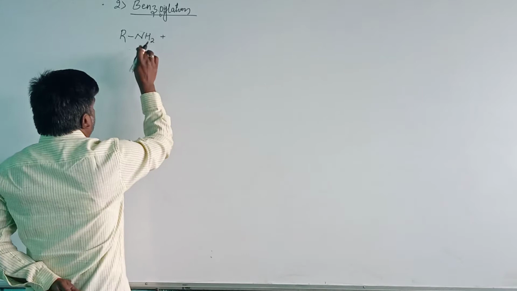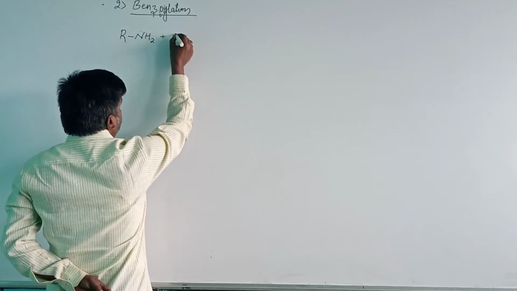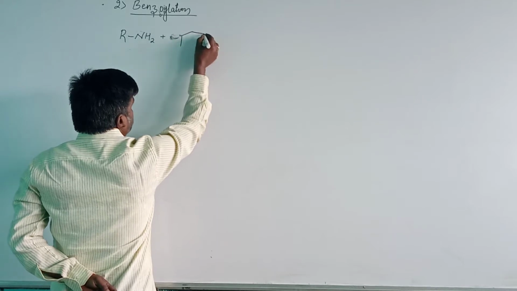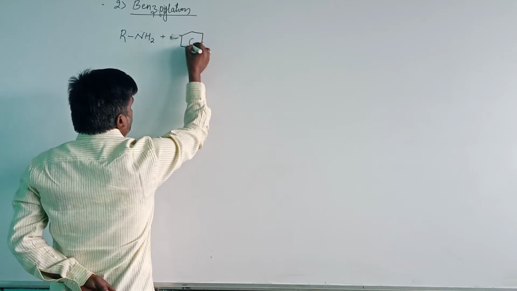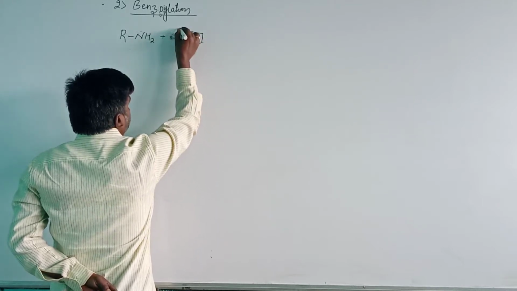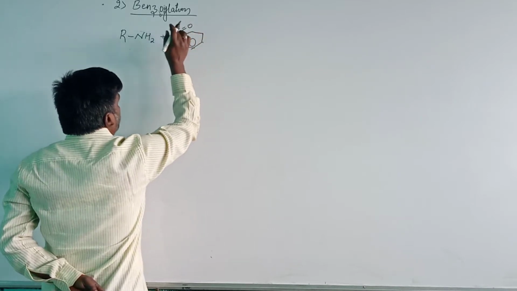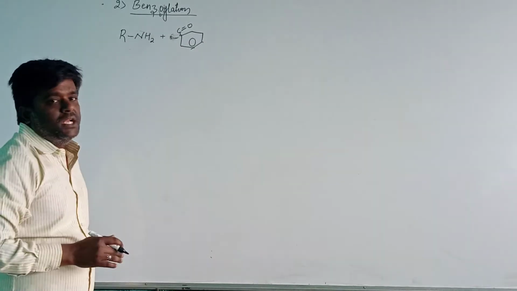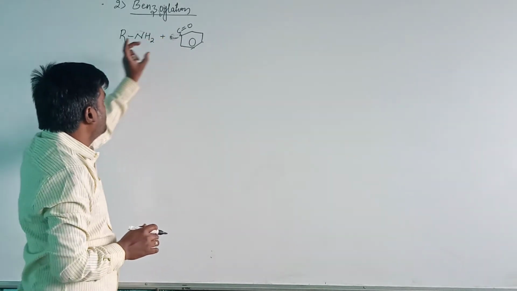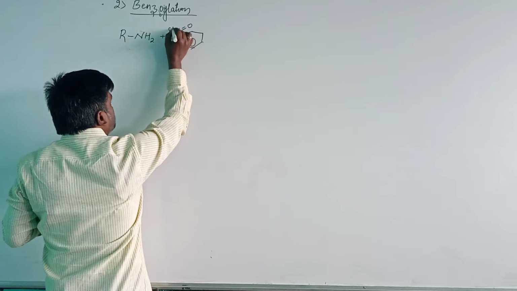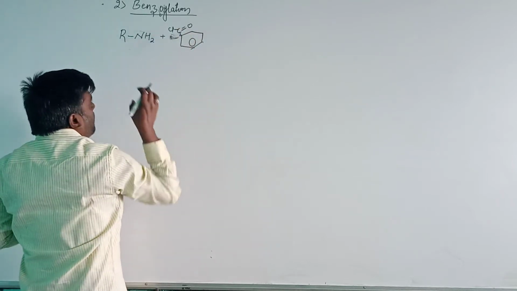Benzoyl halide: here, the benzoyl group is C double bond O. This is known as the benzoyl group. Suppose Cl is attached here, then it is known as benzoyl halide.